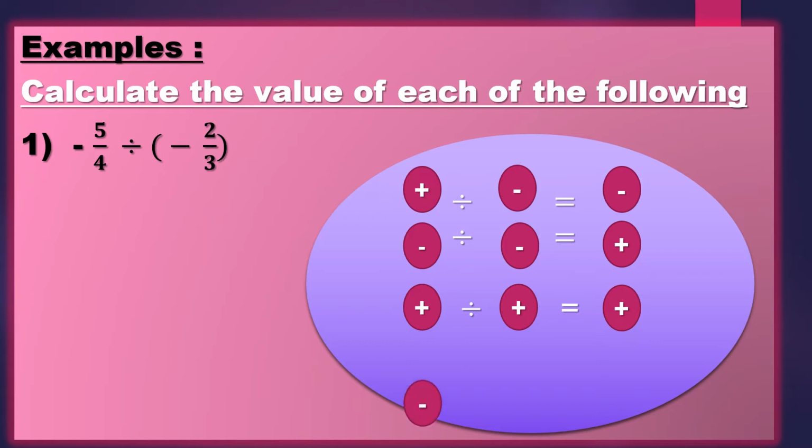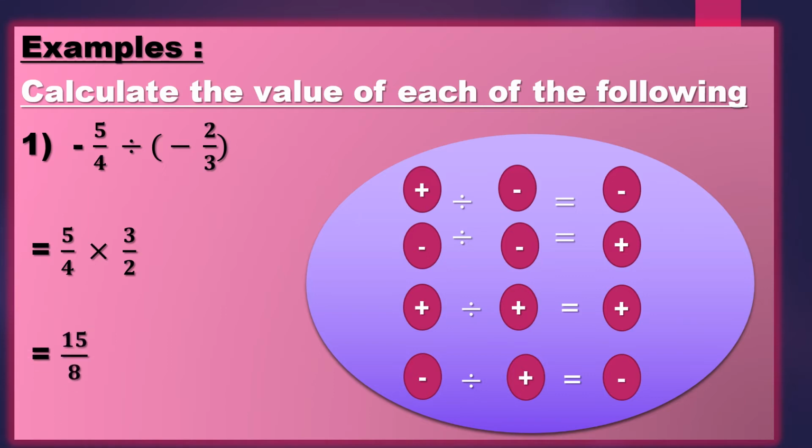Negative divided by positive will equal negative. So, here in this example, negative divided by negative, the negative signs will go together to give the positive sign. So 5 over 4 times 3 over 2 will equal 15 over 8 in the simplest form.